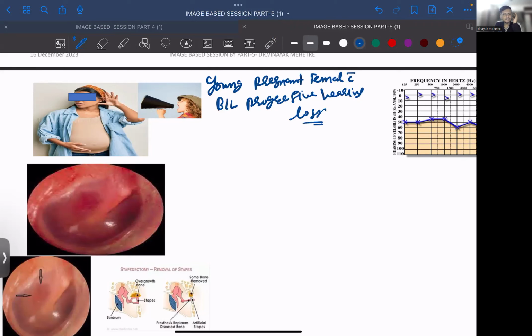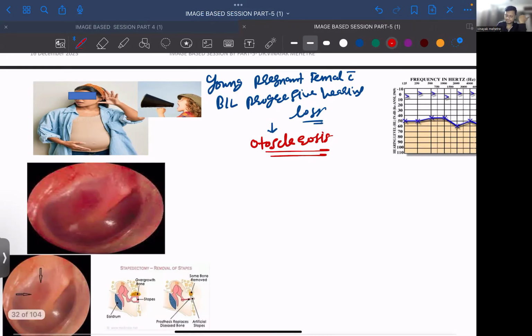Answer, yes. The answer is always going to be otosclerosis, and this is the way they will ask the question. Okay, progressive, pregnant females में ही मिलेगा. Right. What are the signs that we see in this?